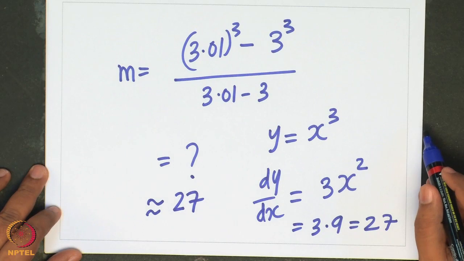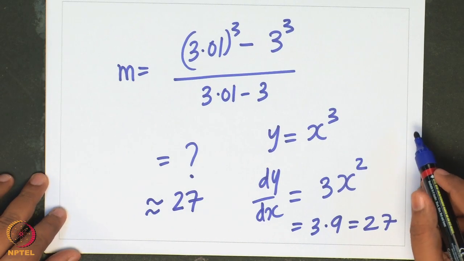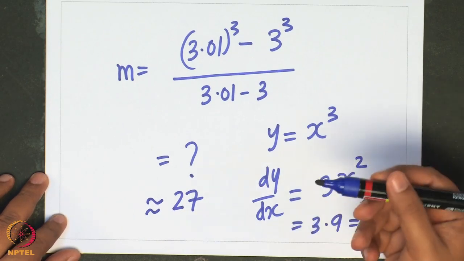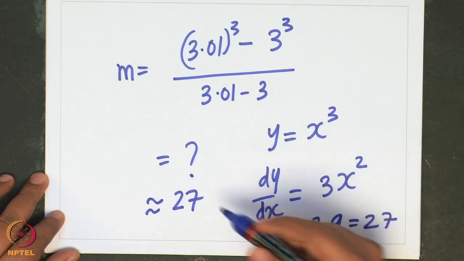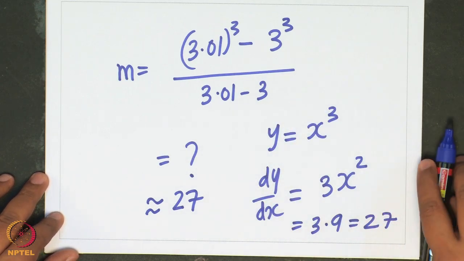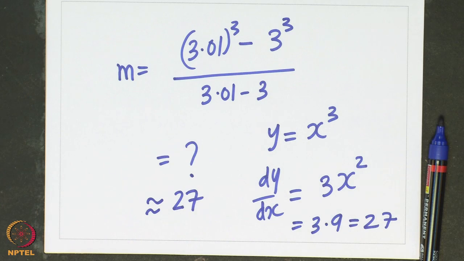Please do calculate this and see. Similarly you can calculate near 4 and 5, and you will see that the answer depends on where you calculate, and the answer you will get is dy by dx equal to 3x square. So for various curves you will get various slopes at different points, and the way to calculate the slope is to take delta x very small and calculate delta y by delta x.